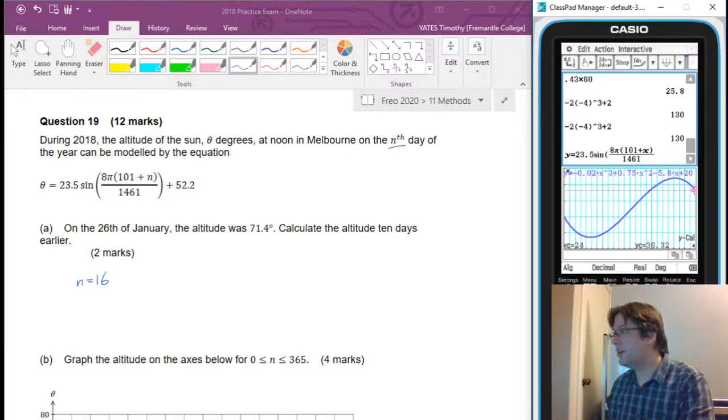This all seems like a very complicated equation, but we'll see what it ends up looking like. So there's my equation, and what I'm going to do is replace that with 16 temporarily.